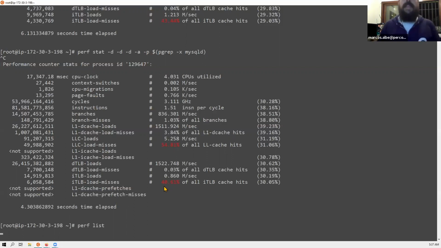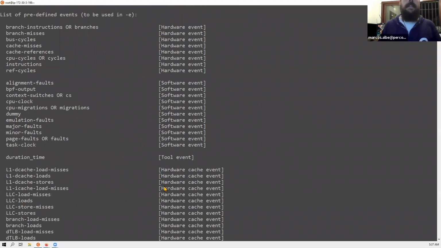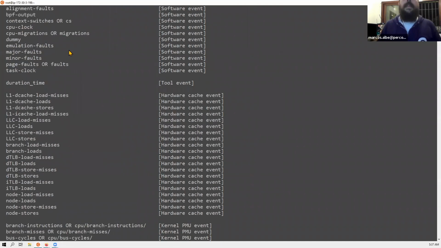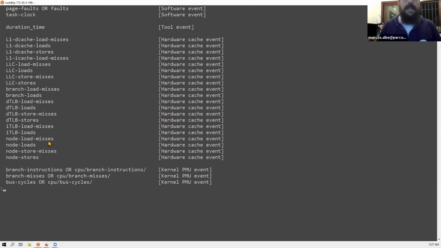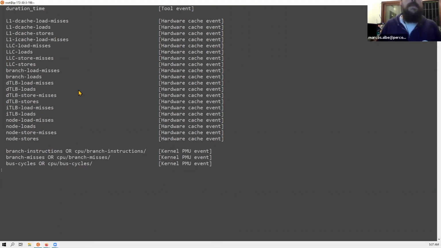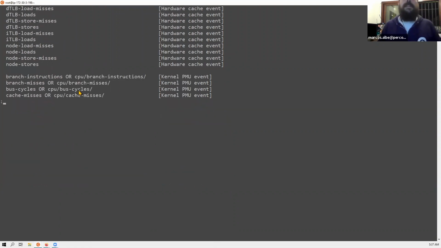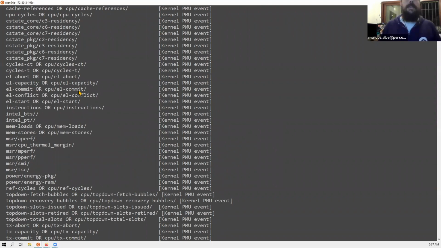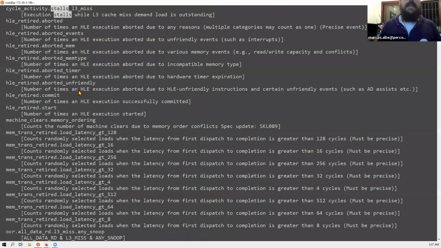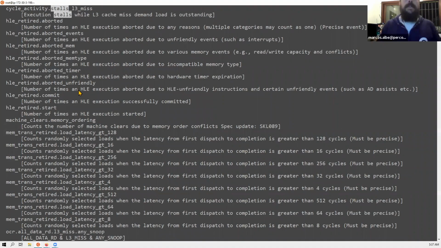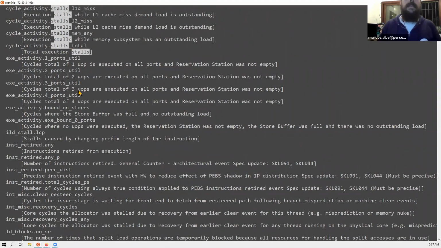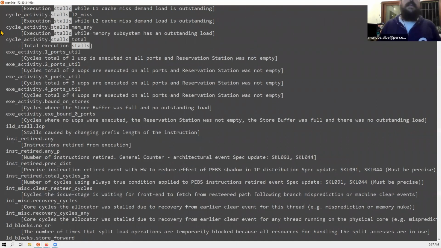With perf, you can do perf list and see all the events you can trace. So, for example, if I want to trace stalls, I can look for stall events, like cycle activity stalls total.